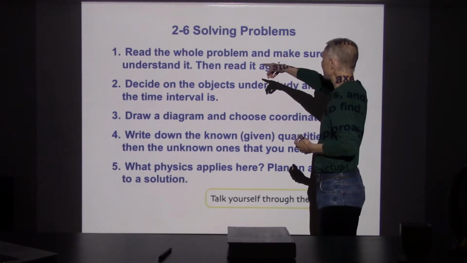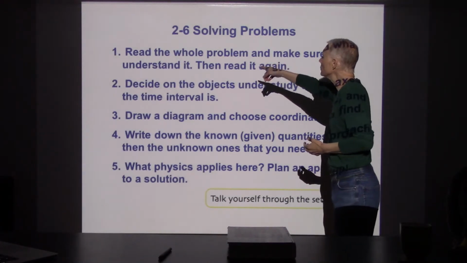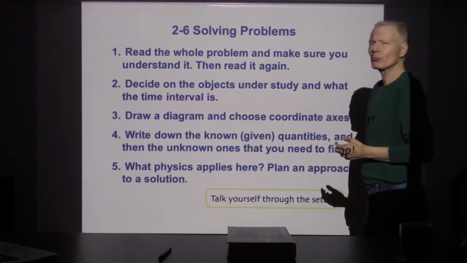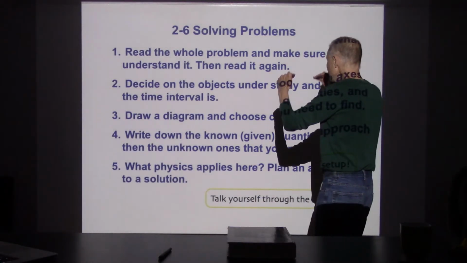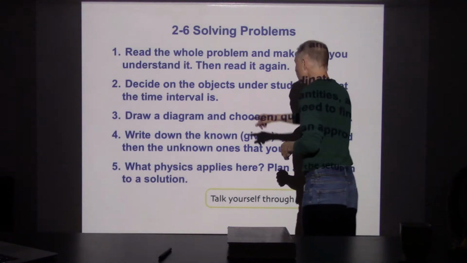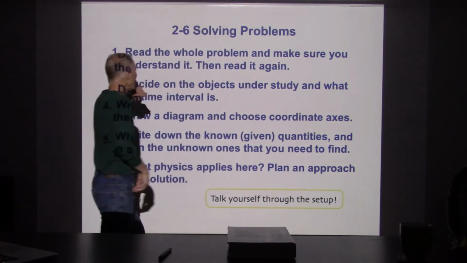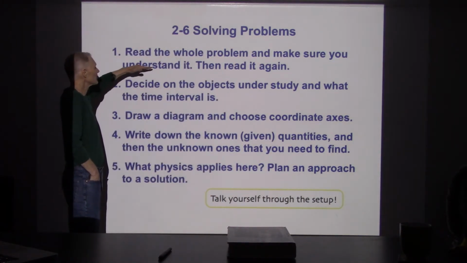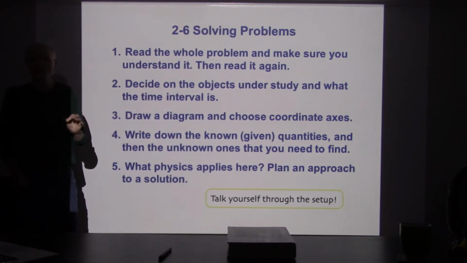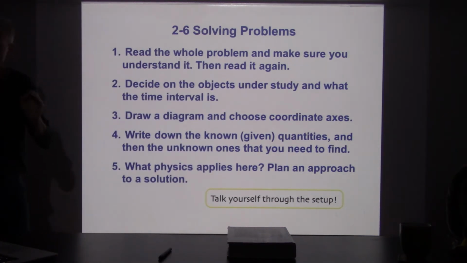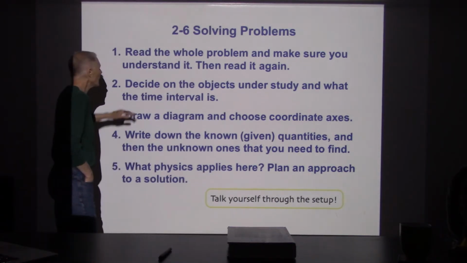Sometimes I like to just skim a problem where I really need to read it carefully. And then you can write down the information that's down here in step 4. So I'll go in order here. I think it is worth stepping through this. Read through the whole problem, make sure you understand it, and once you are certain that you understand it, read it again. I think that's such good advice on these homework problems.